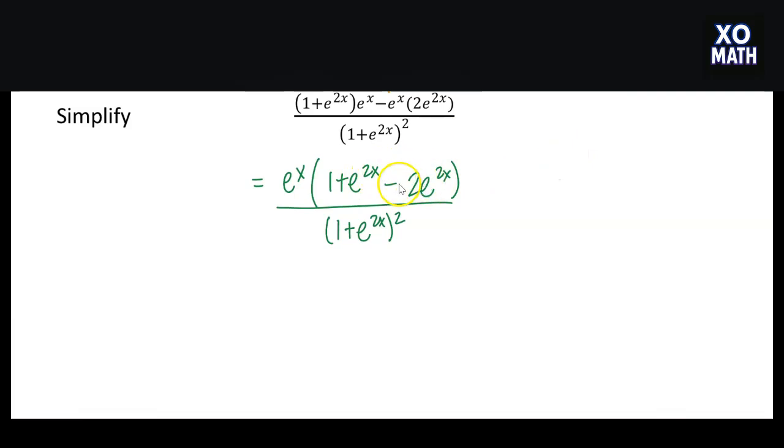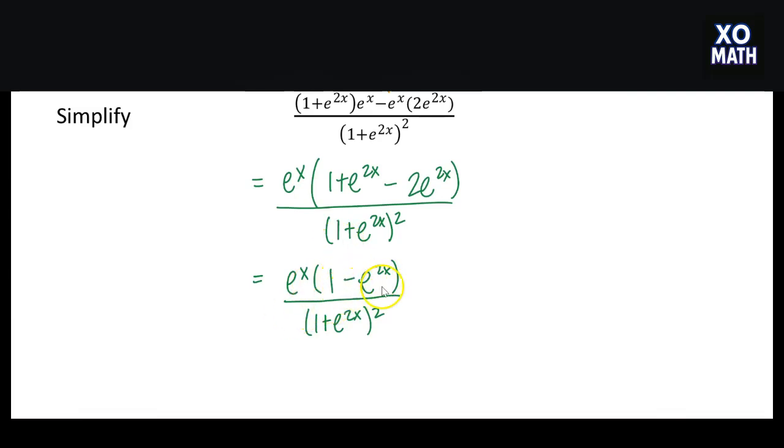In the numerator, inside this factor, these are like terms, e to the 2x and minus 2e to the 2x. So I'm going to have e to the x times the quantity 1 minus e to the 2x, all over the quantity 1 plus e to the 2x squared.